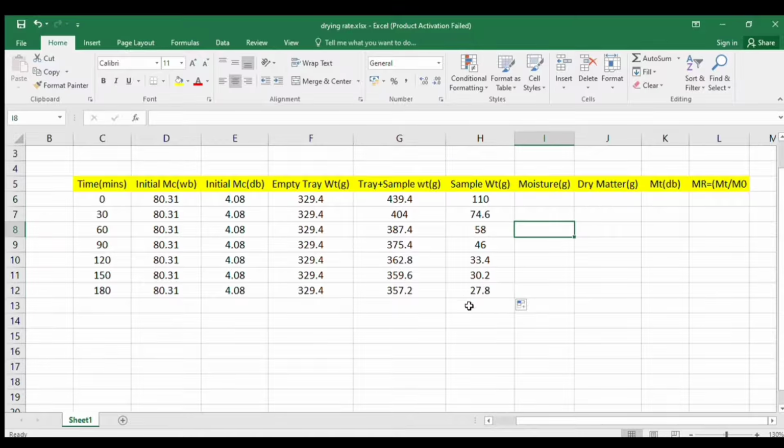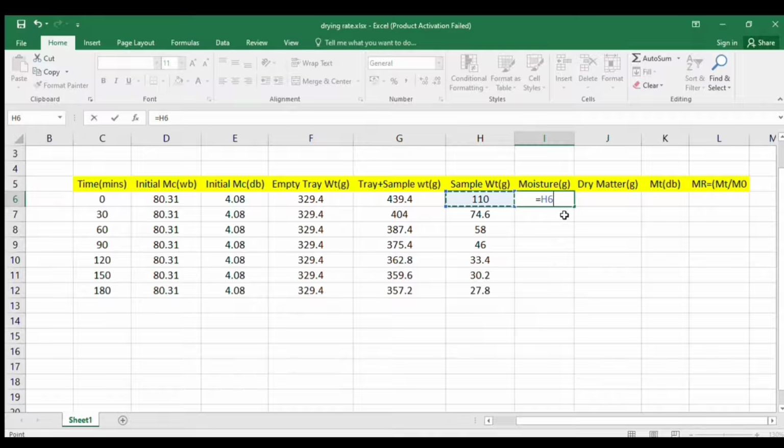This is the sample weight, and copying and pasting this for all the cells, we will get the sample weight, which will decrease with time as the moisture from the sample will evaporate, and thus the weight will decrease. So for moisture, we have to use the initial moisture content weight basis.